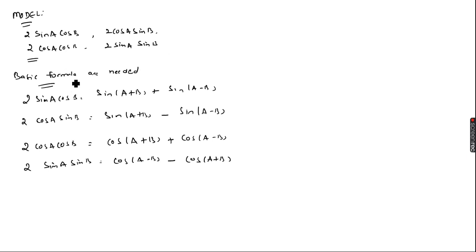What are the basic formulas needed? If we have 2 sin A cos B, that means one sin and another cos are involved. Sin is an odd function, so there exists one sin and one cos. We apply the formula sin of A plus B plus sin of A minus B. Sin of A plus B minus sin of A minus B is nothing but 2 cos A sin B, one sin and another cos.